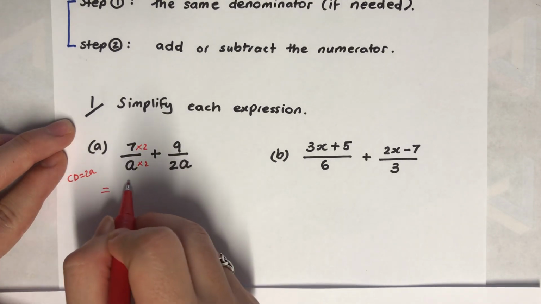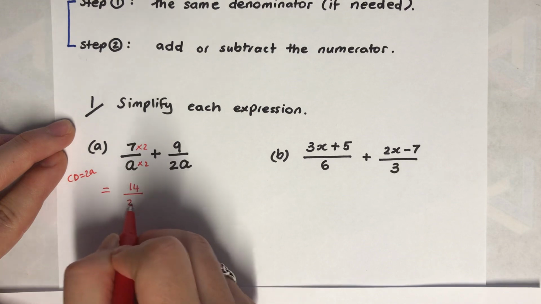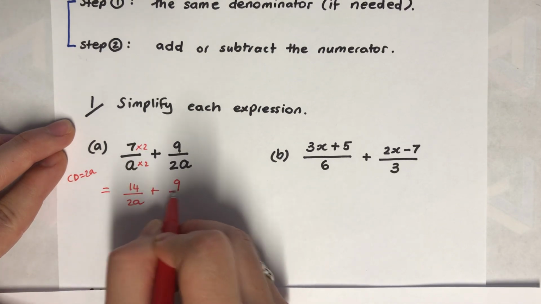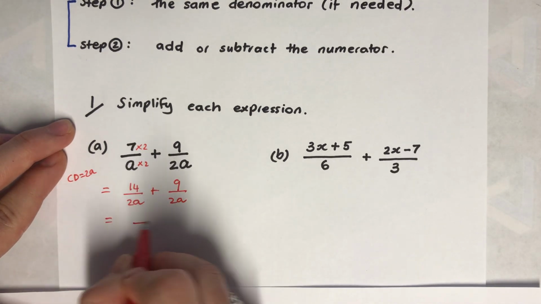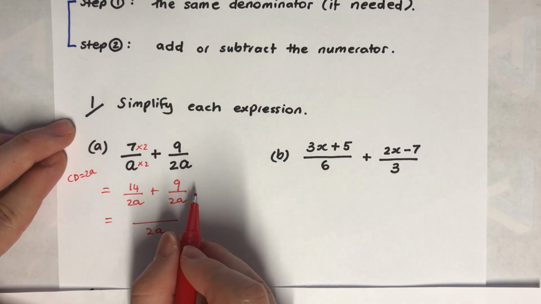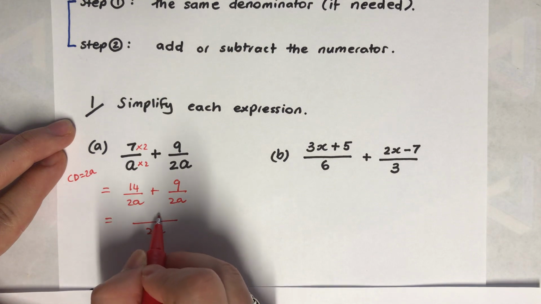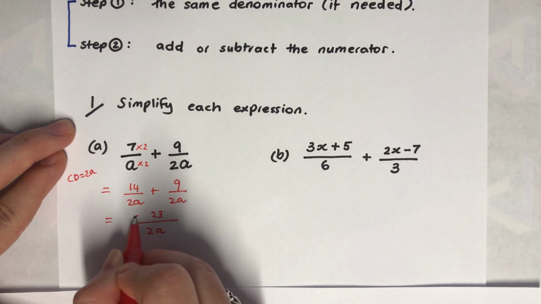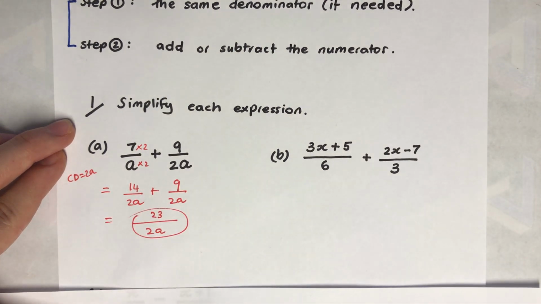I will get 14 over 2a plus 9 over 2a. Now I've got the same denominator, all I have to do is add them together. 14 plus 9 is 23, so that's my answer.